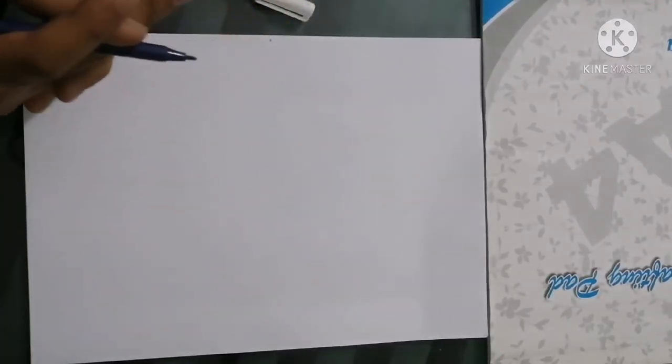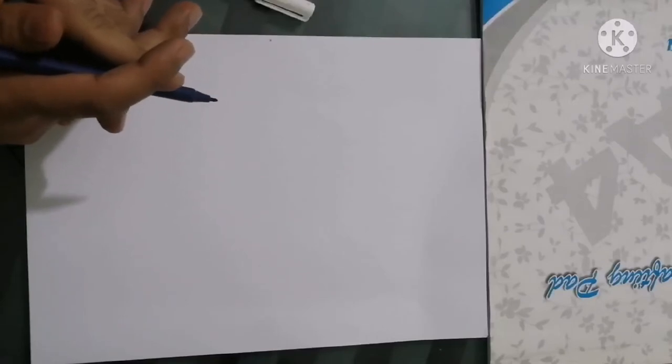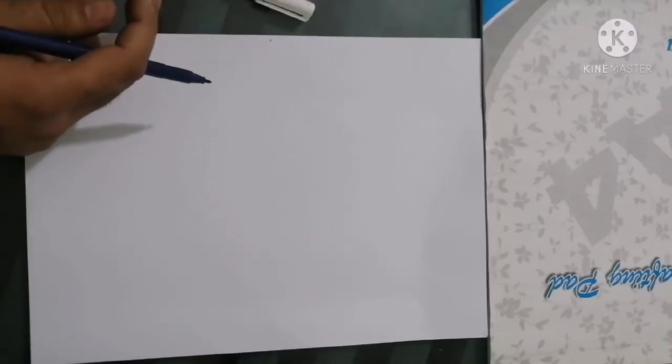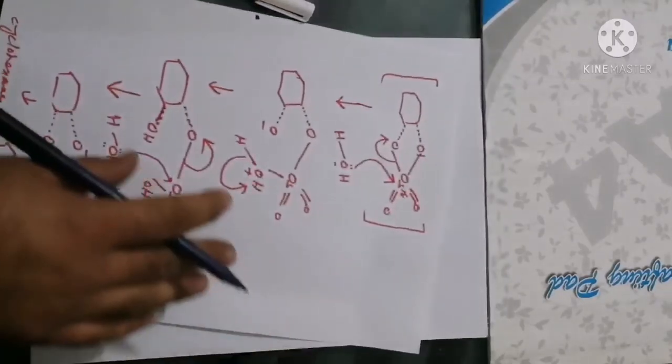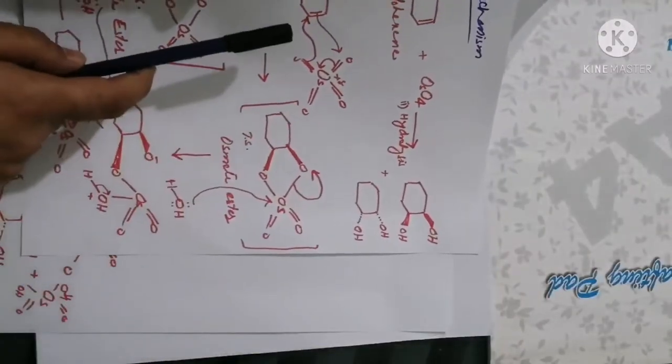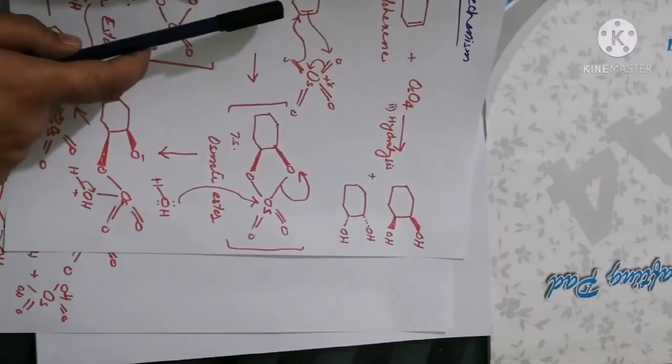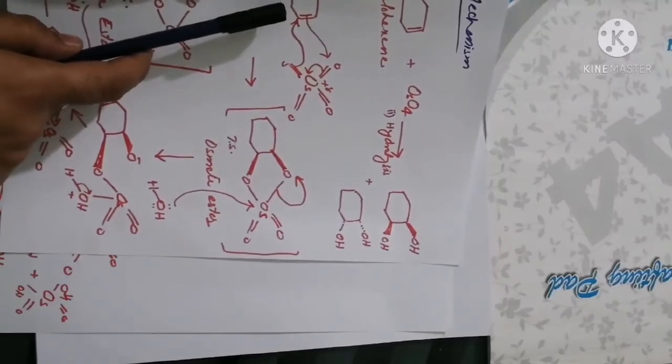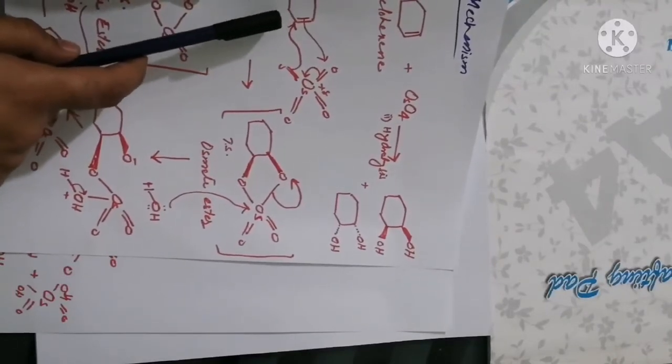The important thing to remember in this mechanism is that there are two steps. In the first step, there is the attack of the nucleophile, the olefinic double bond acting as a nucleophile.